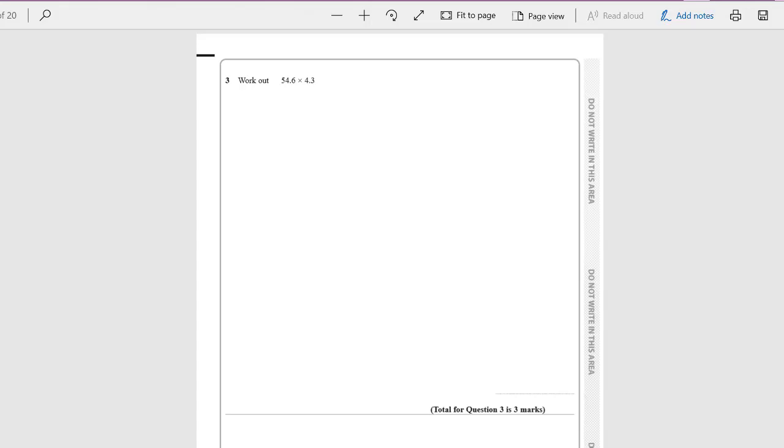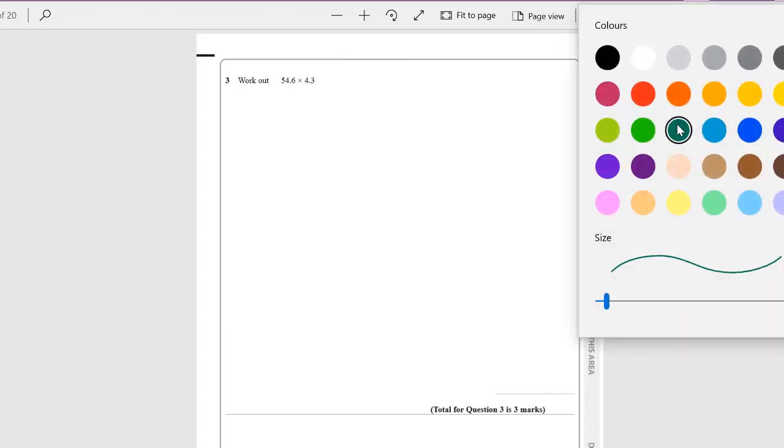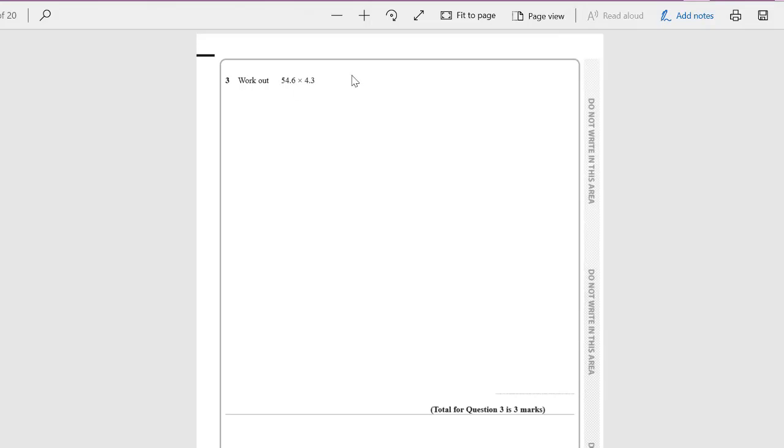Okay, question 3. We have 54.6 times 4.3. If we want to work this out quite easily, let's change these numbers to 546 times 43.